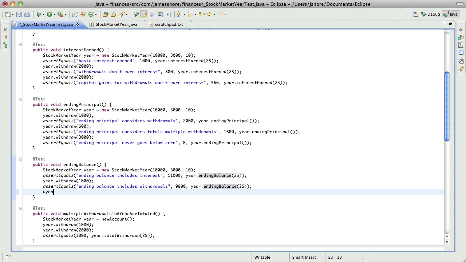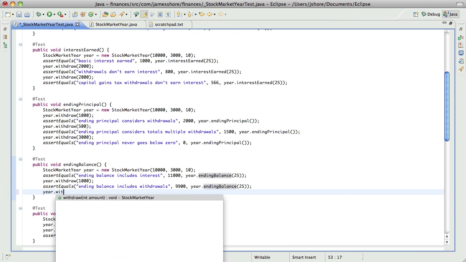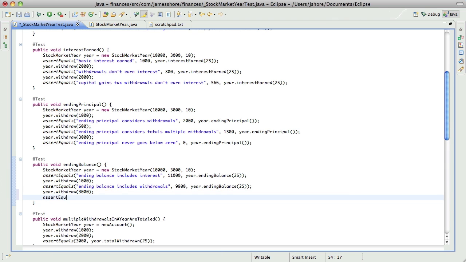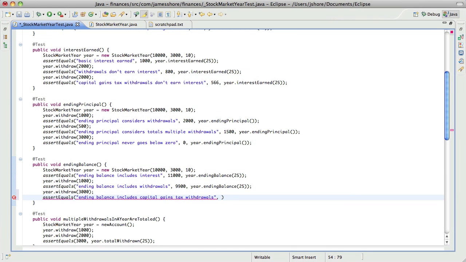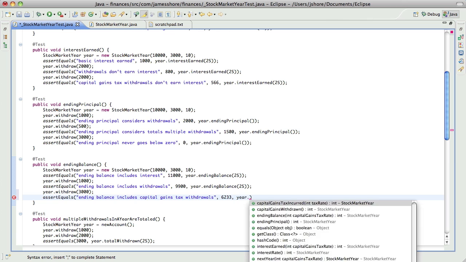Yeah, and then ending balance. Balance includes capital gains tax withdrawals, which again should be 10,000 minus 4,000 minus 333 plus the interest earned of 566, 6233. I hope I did that right.